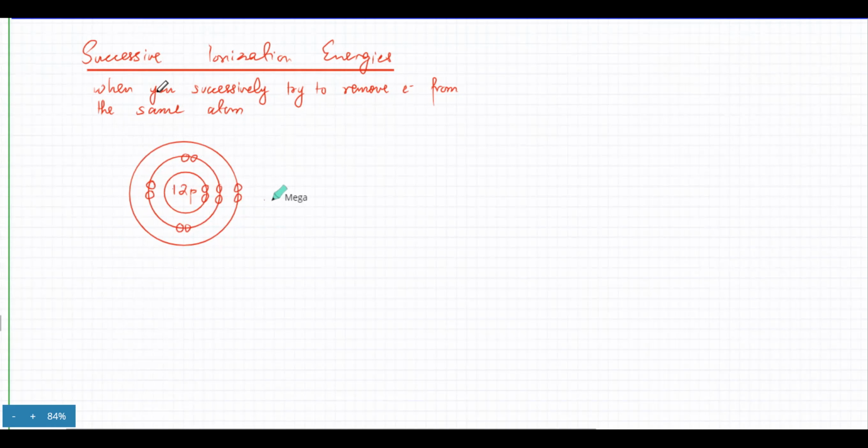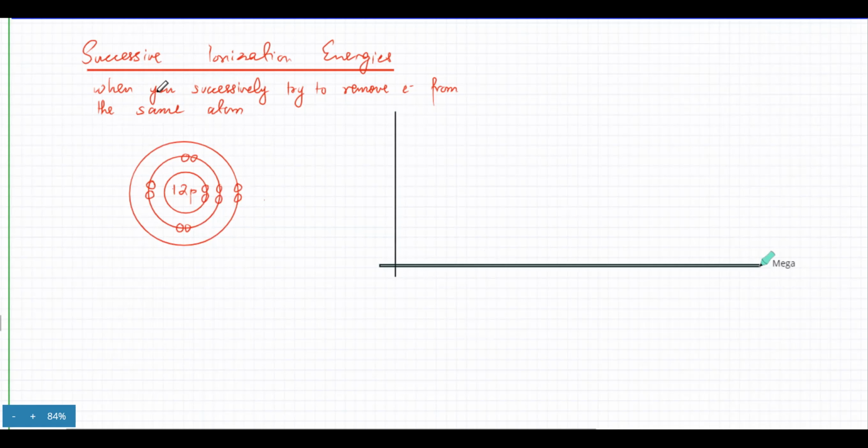Okay, that's magnesium. So we're going to sketch a graph now. One axis would be ionization energies, the other one would be the number of the ionization energy: the first one, the second one, the third, and so on. So this is the first.